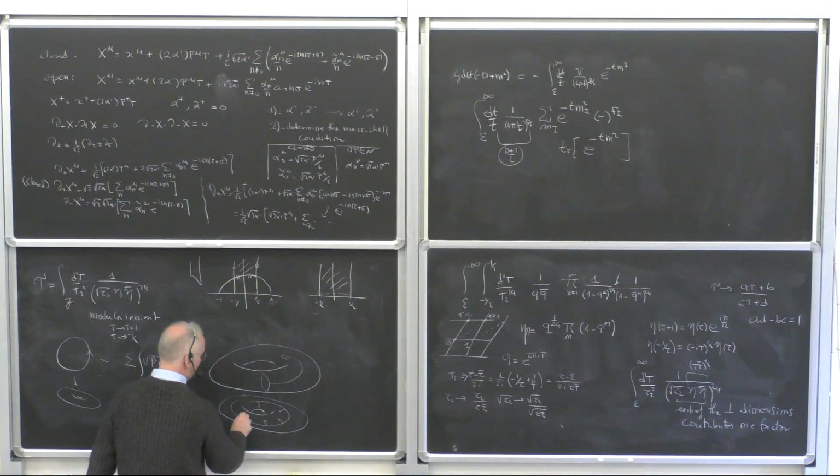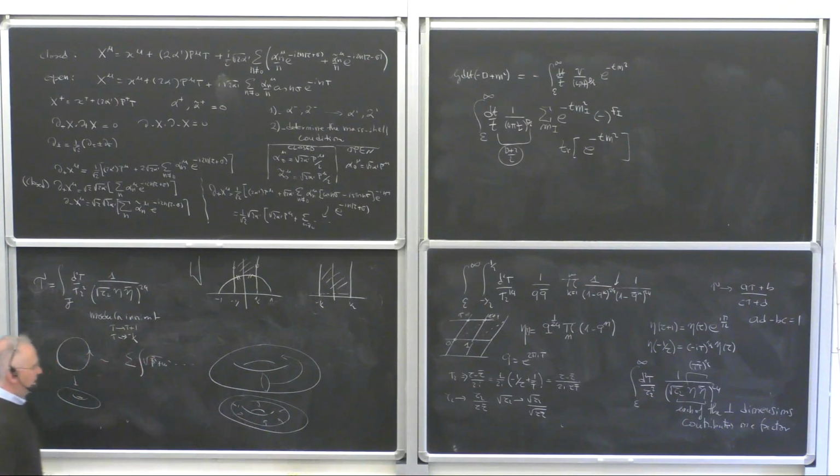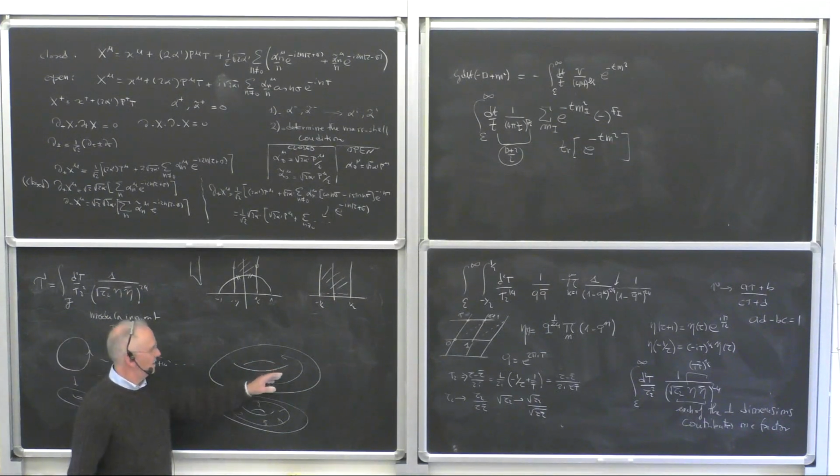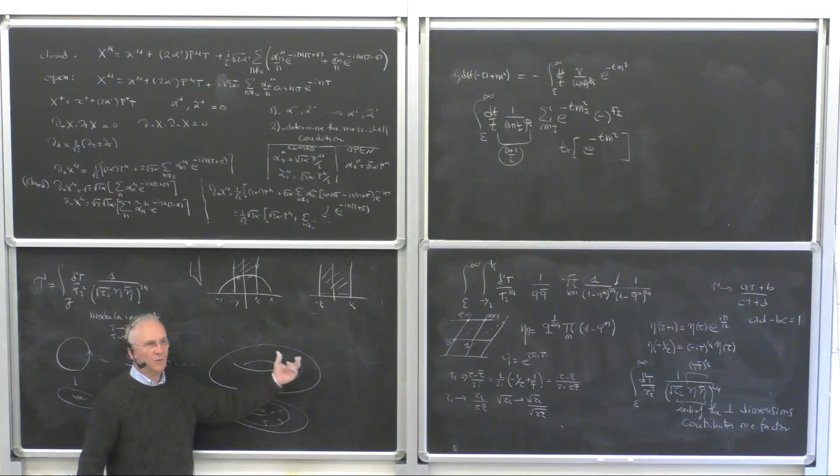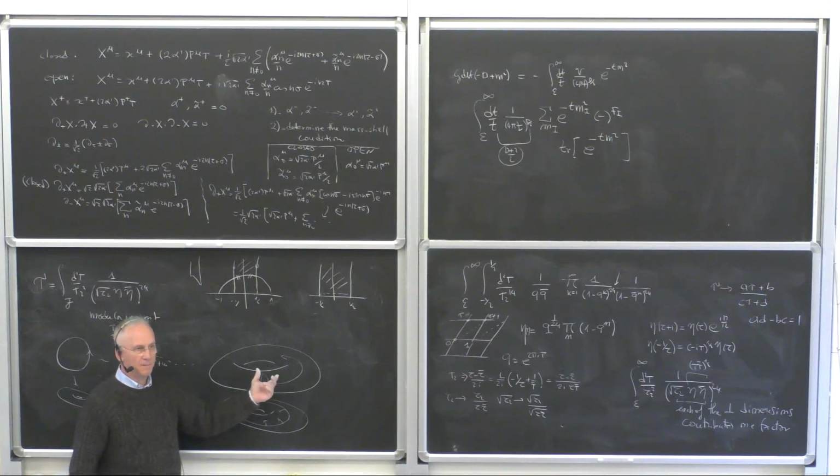In fact, there are infinitely many legitimate choices. So on this torus diagram, which is the vacuum diagram for closed strings, it's not uniquely defined what is the closed string at a certain time and where it propagates. There are infinitely many ways of choosing the direction in which a closed string sweeps this diagram.